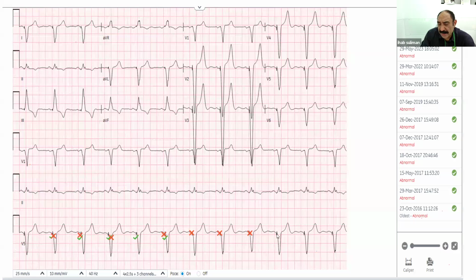All paced rhythms are usually widened because the pacing is usually in the ventricle when it is a ventricular paced rhythm.